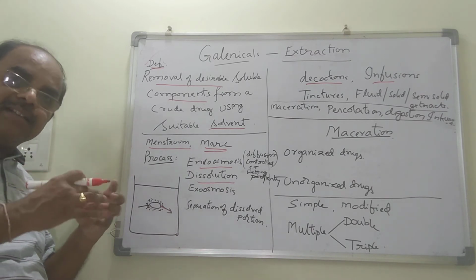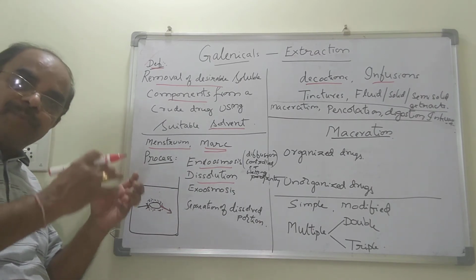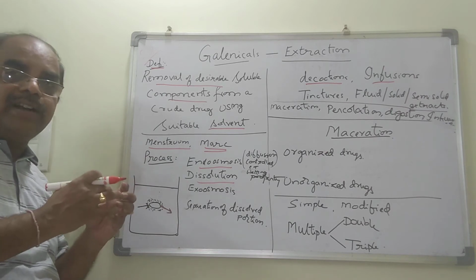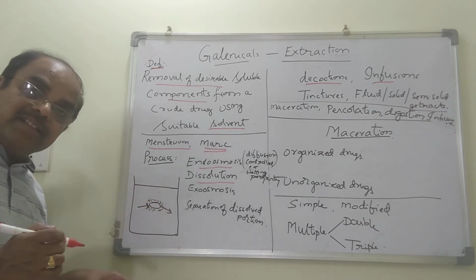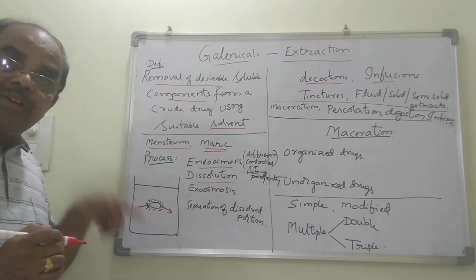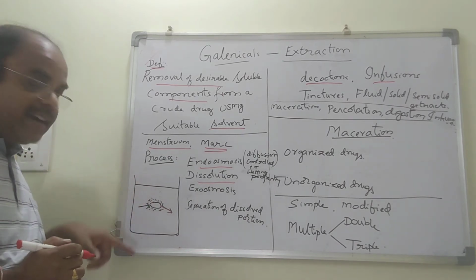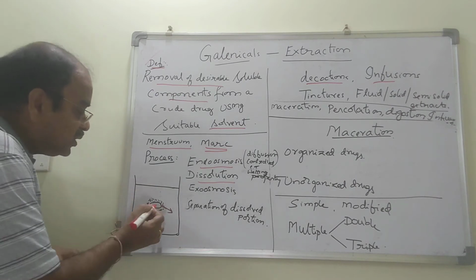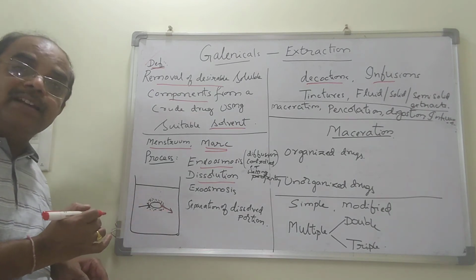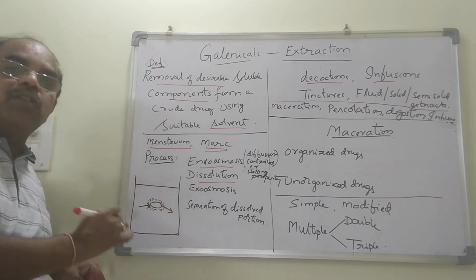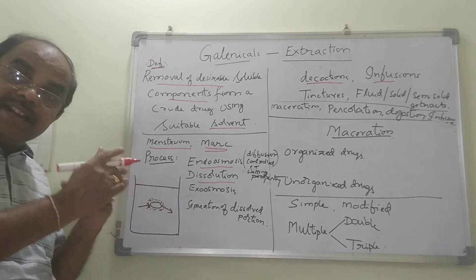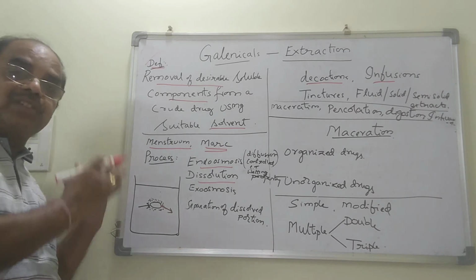After going inside, the solute, the active principle, is dissolved in the solvent, forming a solution. This is called dissolution. There is a difference in the strength of the solution outside and inside. Inside it is more, so it flows out to maintain equilibrium. After coming out, it forms a layer around the cell wall, restricting the movement of fresh solvent inside.